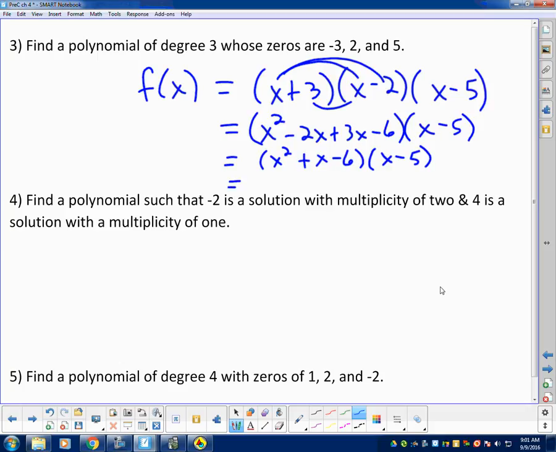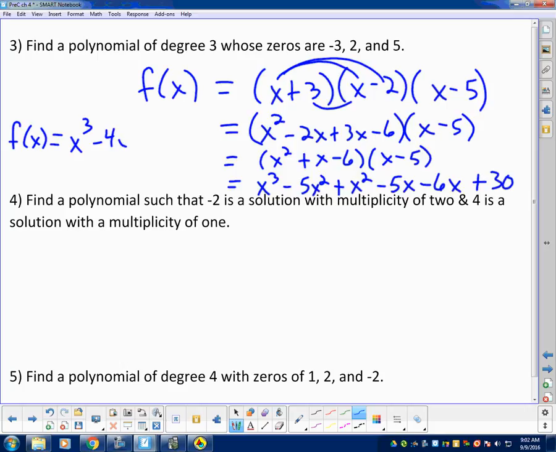And that's going to give me, by distributive property, x to the third minus 5x squared plus x squared minus 5x minus 6x plus 30. And then we're going to combine the like terms here. So my final answer is f of x equals x cubed minus 4x squared minus 11x plus 30.